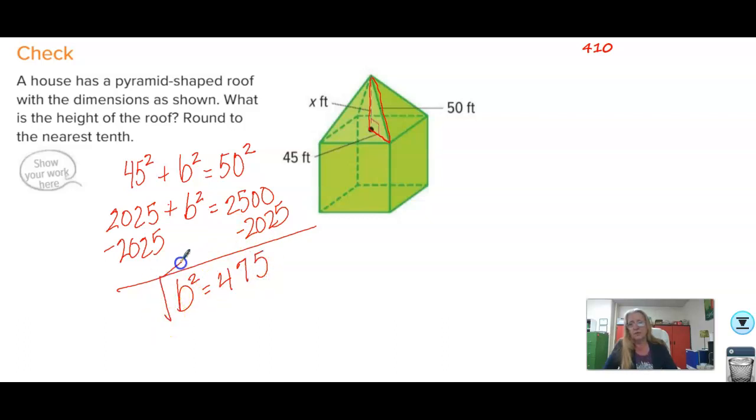And then we would take the square root of both sides. And we get that b would be 21.79. 79 is going to round up to 8. Does that seem reasonable? Yeah, it's less than the hypotenuse. It's a pretty short little roof, but it seems like it could work.